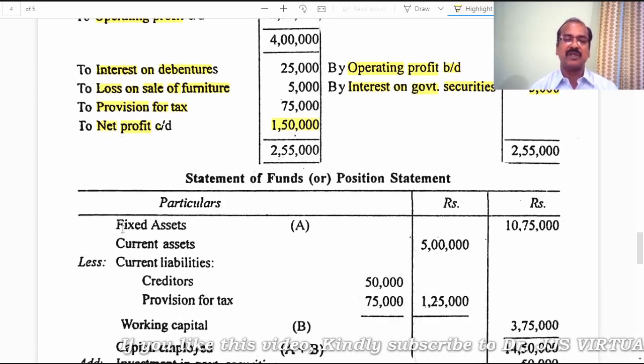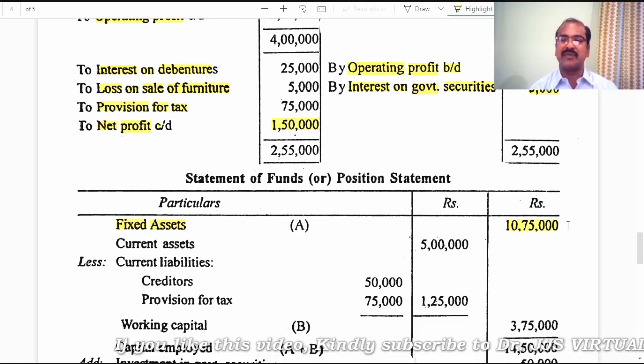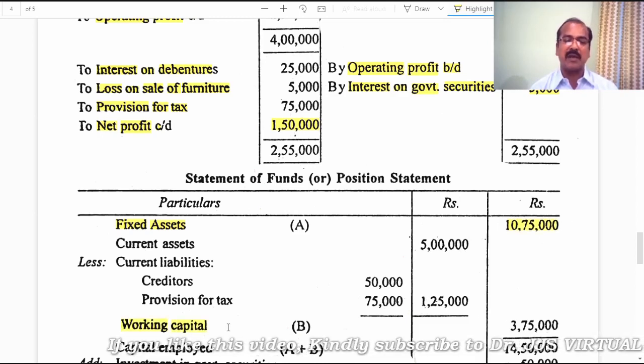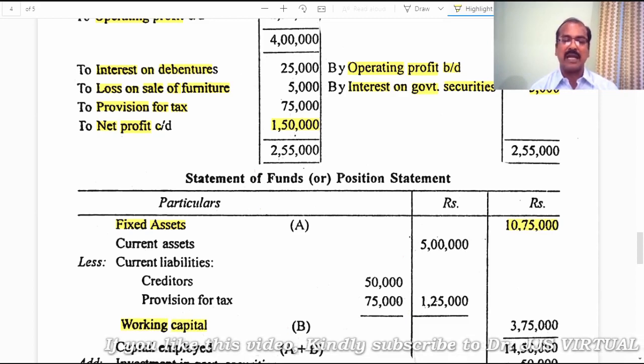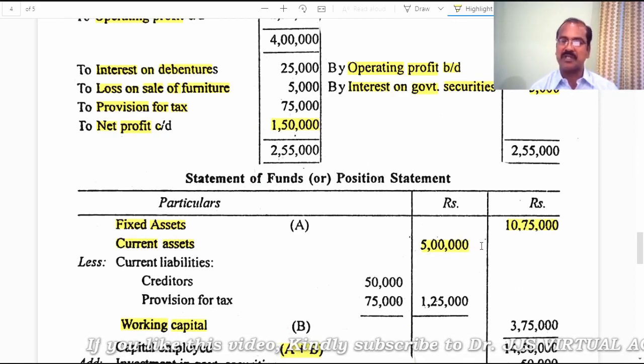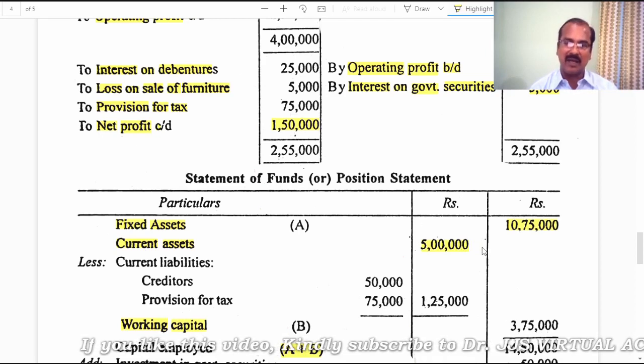Now let's look into the details of the statement of funds or position statement. Fine. Let's start with the fixed assets. Fixed assets, 10,75,000, straightly given in the problem. Now with that, we are going to add the working capital so that you can come to know the capital employed in the business. To find out working capital, let us first present the value of current assets. Current assets in total valued 5 lakh rupees, directly given in the problem, from which we subtract the items of current liabilities.